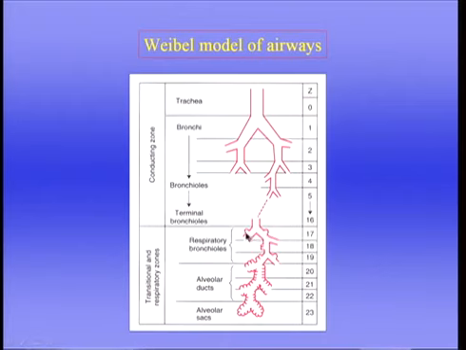The respiratory bronchioles have a few alveoli, and then more and more occur until we get down to the alveolar sacs and the alveoli. This is by far the largest volume of the lung, and of course is the volume concerned with gas exchange.